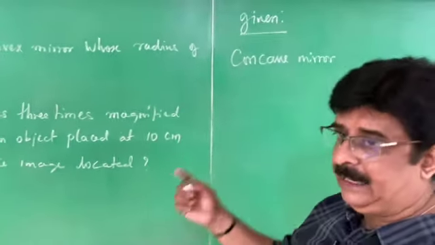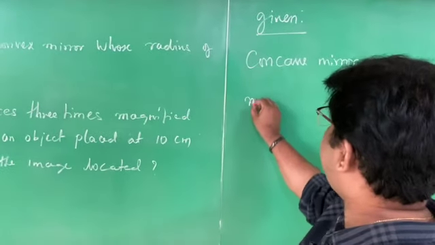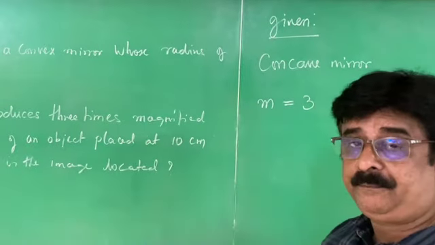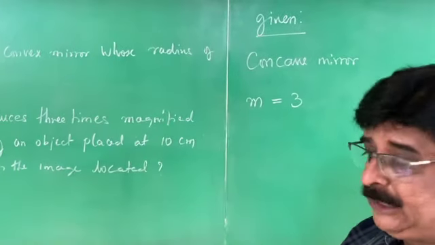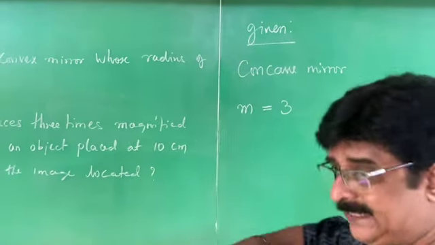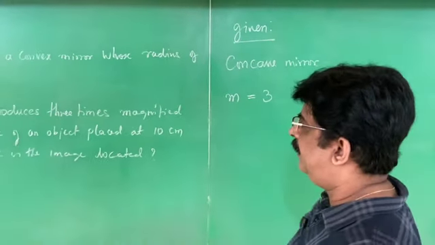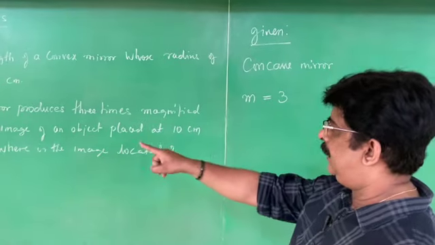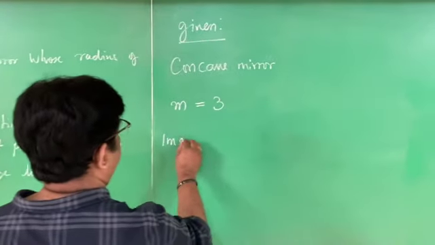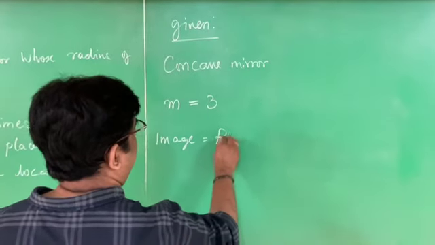Magnification is 3 times, therefore M is equal to 3. But he has not given erect or enlarged, therefore I have not put any sign there. M is equal to 3 times magnification. And the image is real.